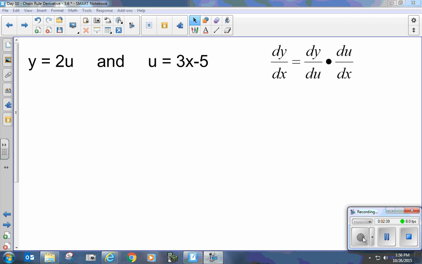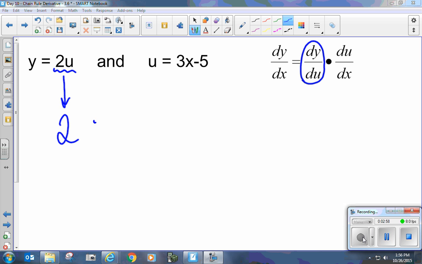Alright, so let's take a look at this. The derivative of y with u is this right here. The derivative of 2u, if I treat u like a regular variable, would just be 2, wouldn't it? Times the derivative of whatever u is. What's the derivative of 3x minus 5?